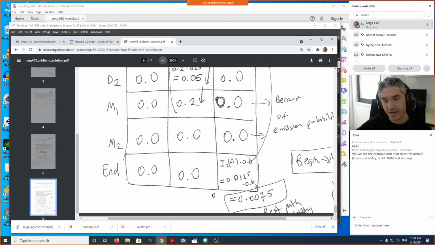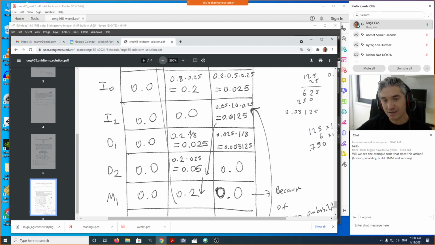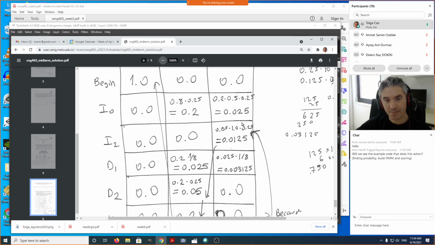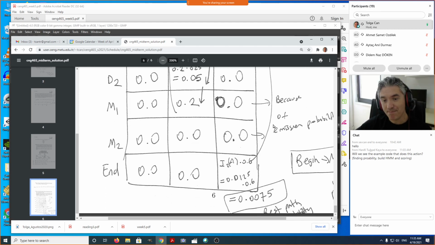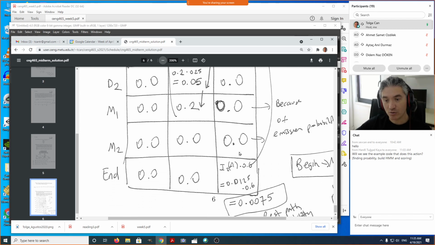And that's it. All these back arrows, the backtrace, tell you where you got this maximum value. For example, we got this 0.2 by coming from the begin state, so there should be an arrow to the begin state. You can backtrack, just as we did in pairwise sequence alignment dynamic programming, to figure out which states are actually visited.